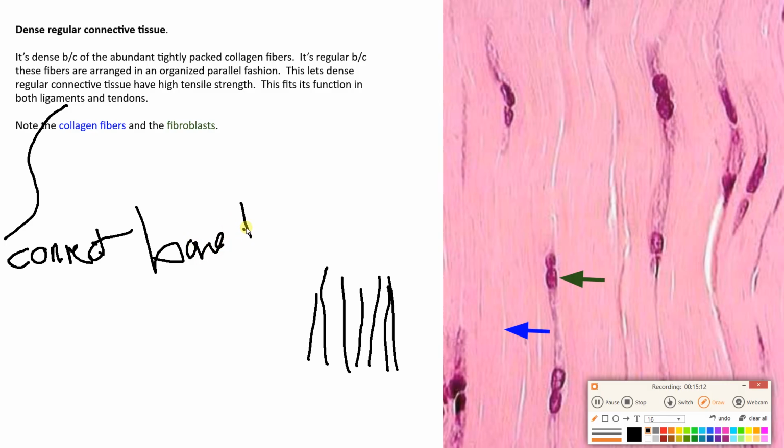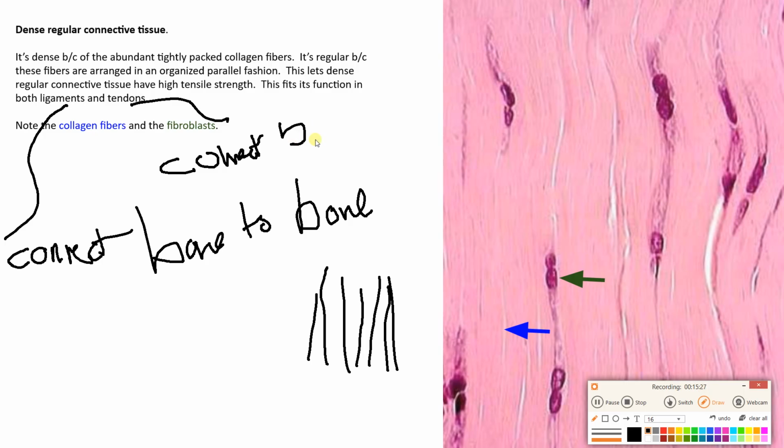So later on, we'll name some ligaments when we do the skeletal system. Ligaments connect bone to bone. They're also found in tendons. Tendons are going to connect, that says connect, bone to muscle. Connect bone to muscle. We'll name some tendons later on as well.